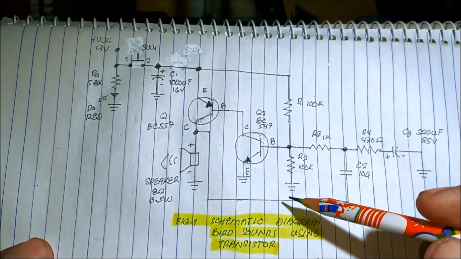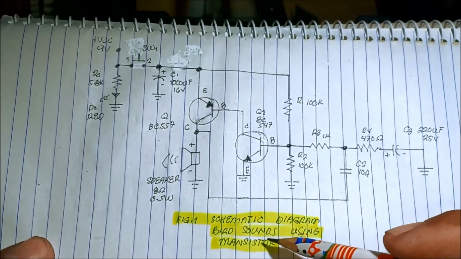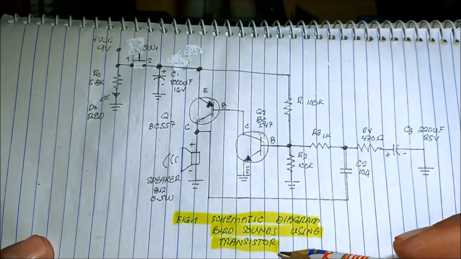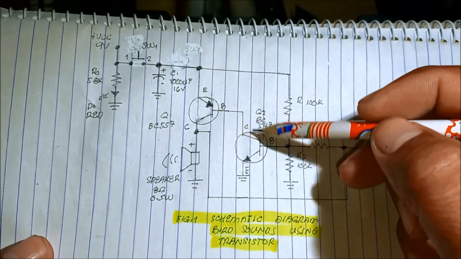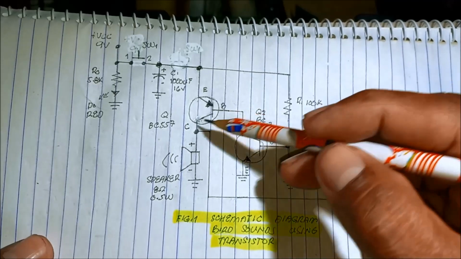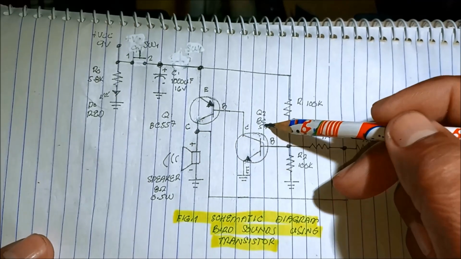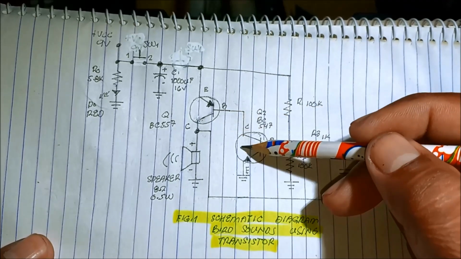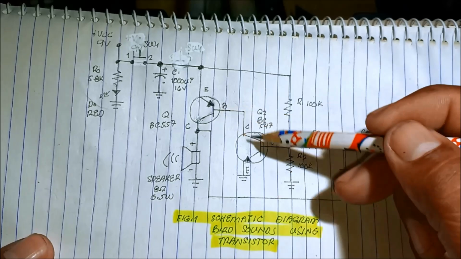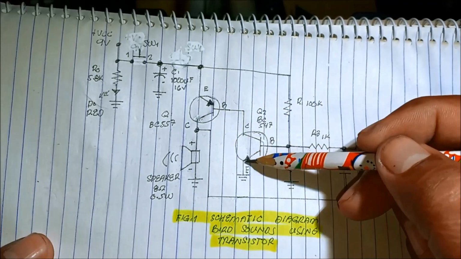We have now the figure 1, schematic diagram of our bird sounds using transistor. So we're using 2 transistor, BC557 PNP type, BC547 NPN type. They are complementary or connected this way, the 2 transistor.